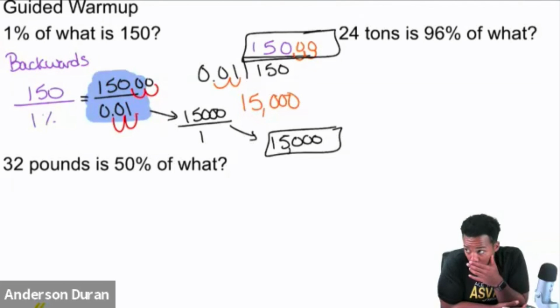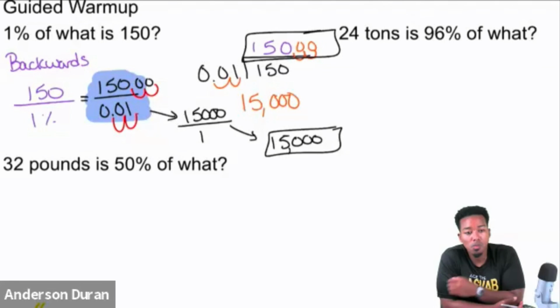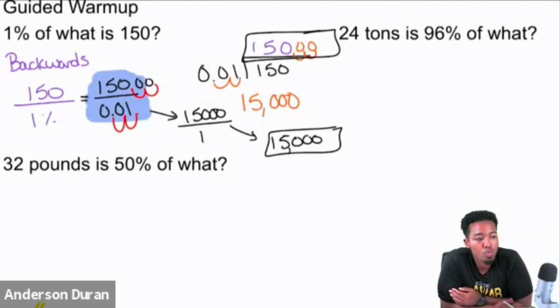Hey, Coach. I got a quick question. I follow your videos, everything for percentage. I noticed if like 1% of 15, you could do just multiply 15 times 1, you get the same answer? Yes or no?